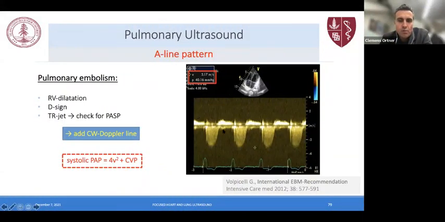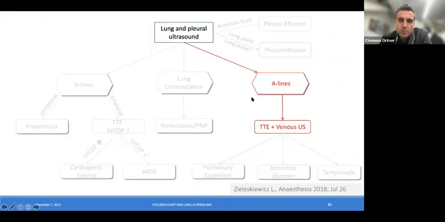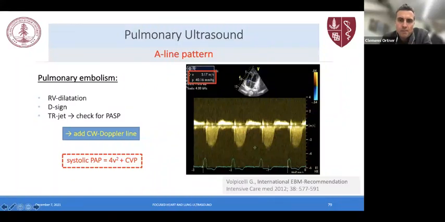You measure the velocity of the blood going from the right ventricle into the right atrium. In this case, the peak velocity is 3.17 meters per second, and with the so-called Bernoulli equation, which is 4 velocity squared, it gives you a pressure gradient.